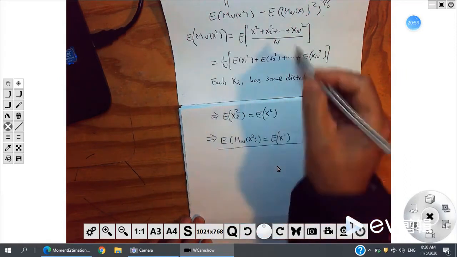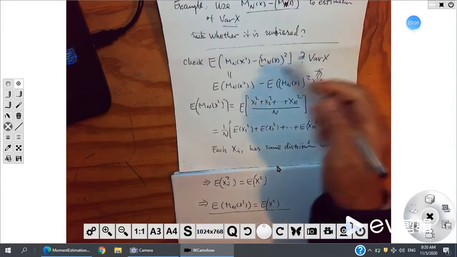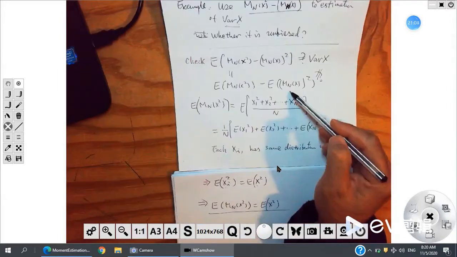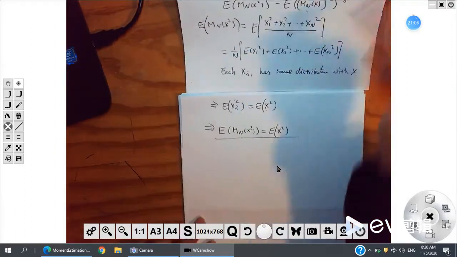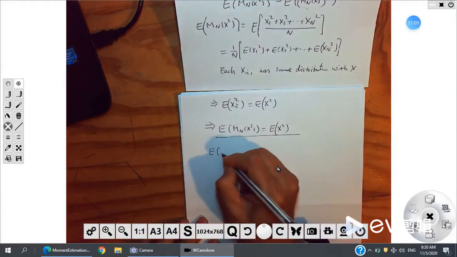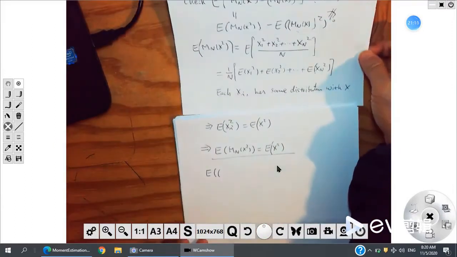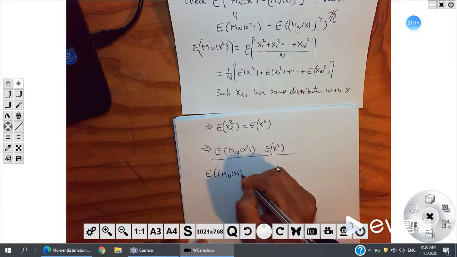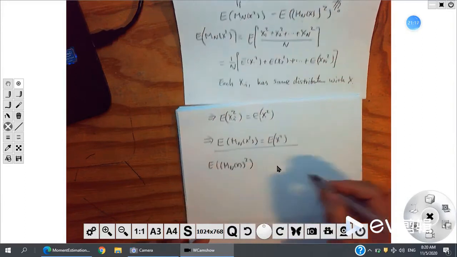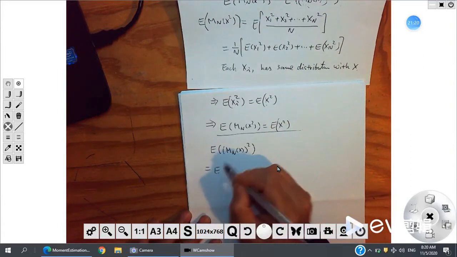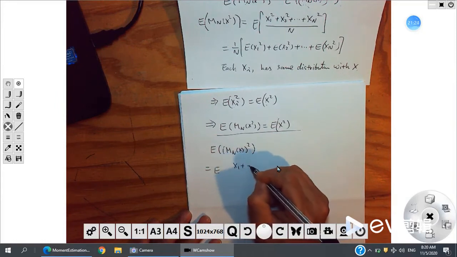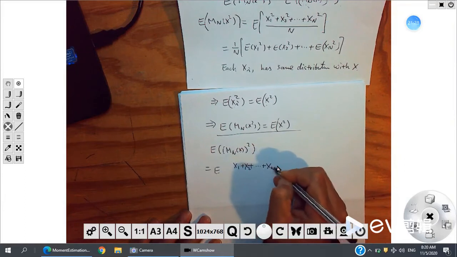Okay. So this part is just the same as this one. And secondly, we have two terms, right? We have this one and this one. What is this one? E of (m_N of x) squared. And plug in. What is m_N of x? It is the average of x. So just do summation and divide by n, right?